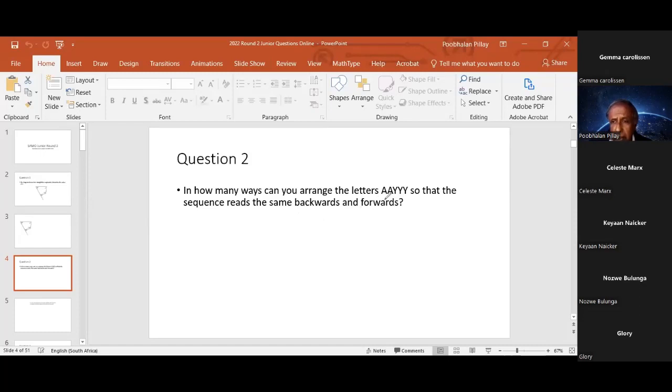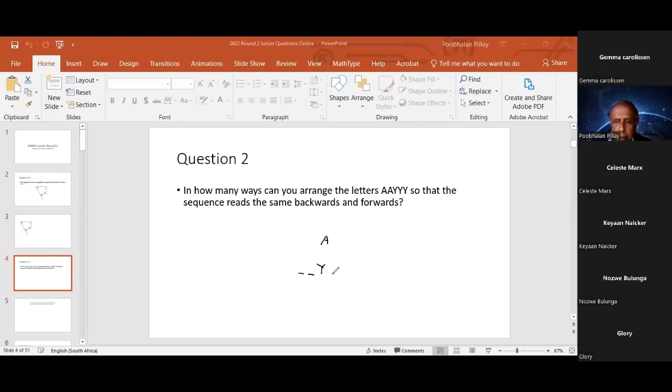The middle one can only be Y, it can't be A, because there's only one A left, and you need to read it the same backwards and forwards. So the middle one will have to be Y.